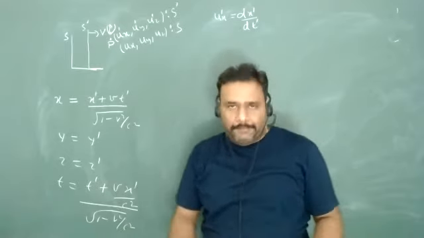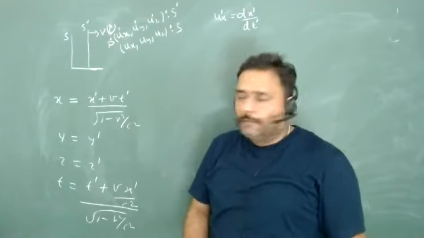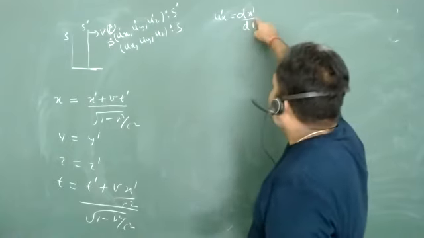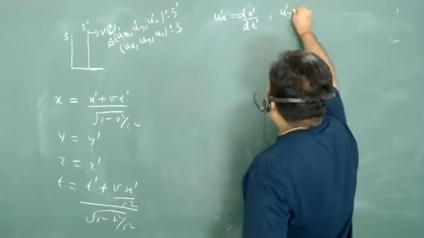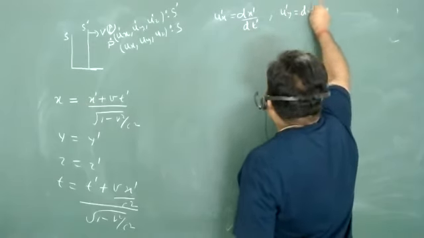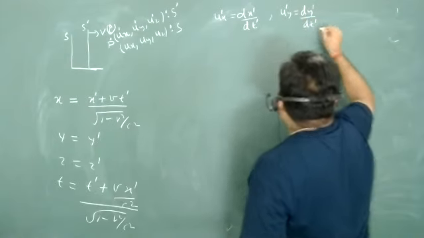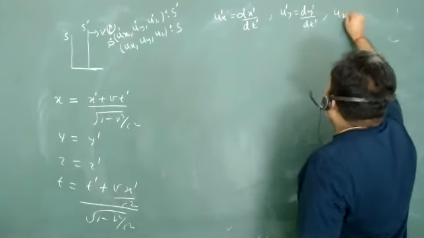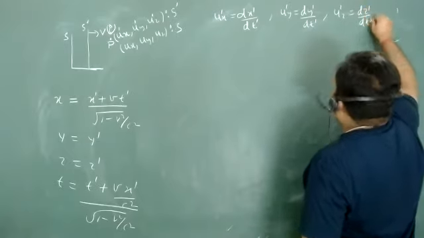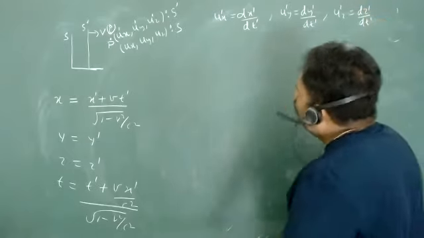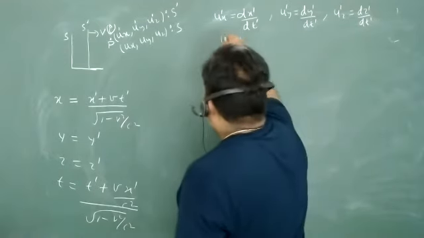Obviously, it is very abstract in nature. So ux dash is nothing but dx dash upon dt dash. uy dash is nothing but dy dash upon dt dash. And similarly, uz dash is nothing but dz dash upon dt dash. Now, what is ux? What is ux?